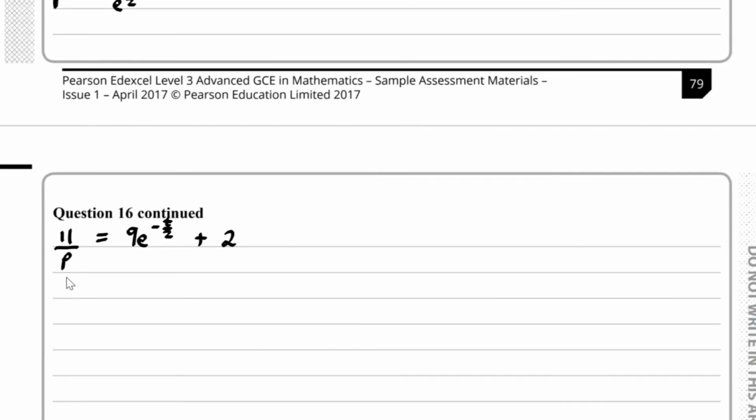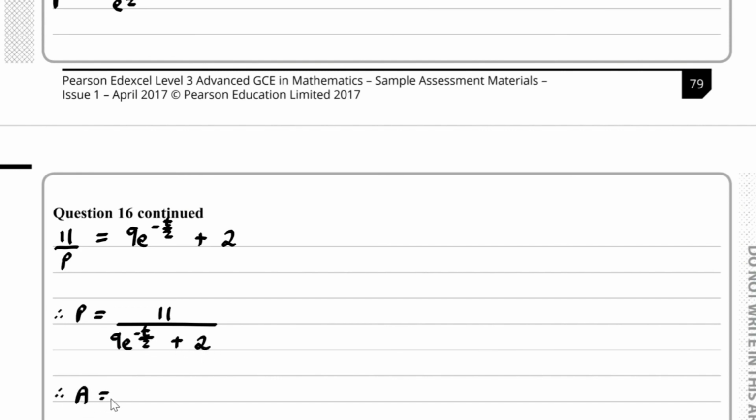So if I rearrange and swap these over, I can therefore see that p, which is what I want to find, is equal to 11 over 9e to the minus t over 2 plus 2.